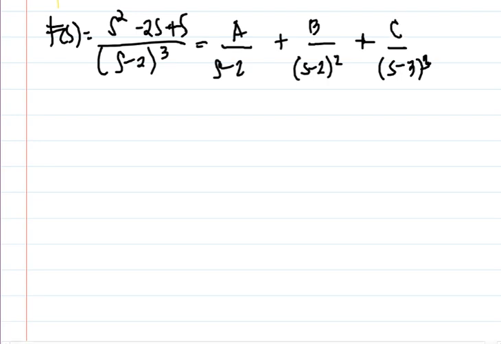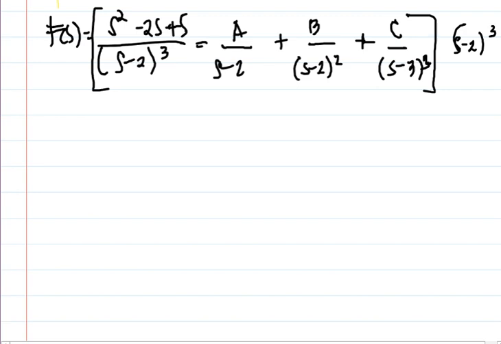So, we are going to perform the operation. We multiply our denominator using the traditional method. So we will multiply by s minus 2 cubed.